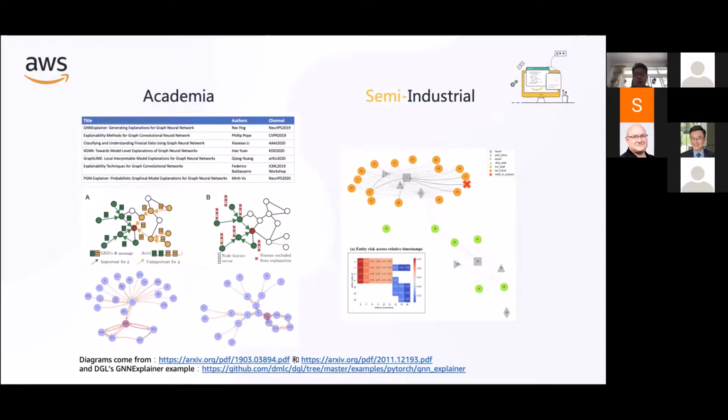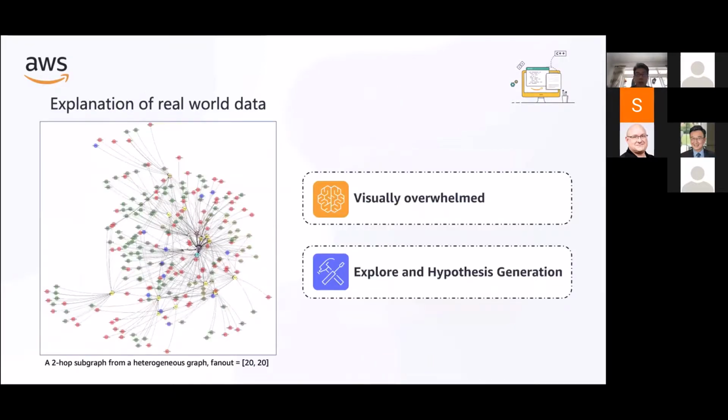I would say this is currently the only study that uses a GNN explanation method on real-world data. We can see that it has a nice visualization of a fraud detection case in eBay, but that's the only one I can find. And so far in the real world, to explain the GNN result, in this deck I show a demo graph.